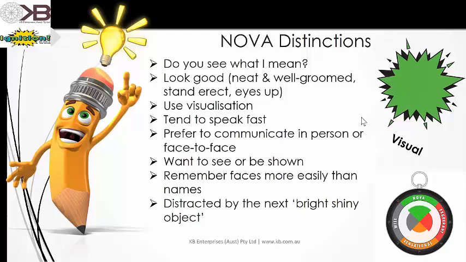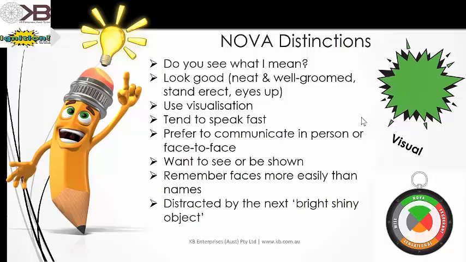They also tend to speak faster than the general population, and this is because for them they have pictures going through their mind moving very quickly. So they will speak quickly to make sure that they don't miss out on something that is going through their whole visual representation.